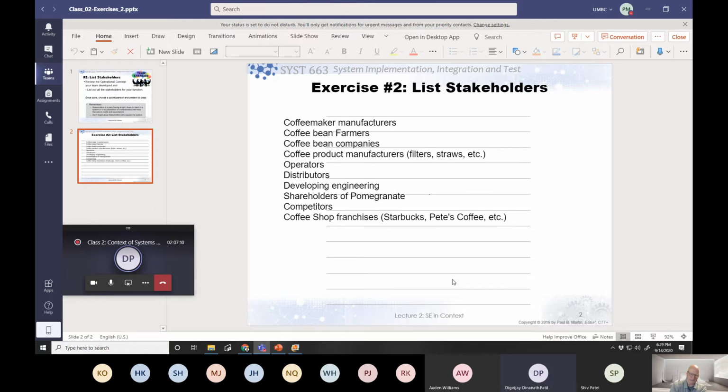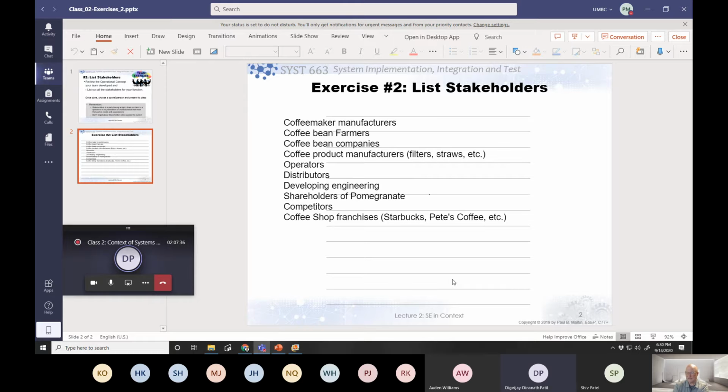So operators, distributors who come in the logistics, the developing engineering, the engineers who design the pomegranate device and all. Then the shareholders of the pomegranate, and also in the forgotten stakeholders, competitors and coffee shop franchises who don't like our company to get succeeded.